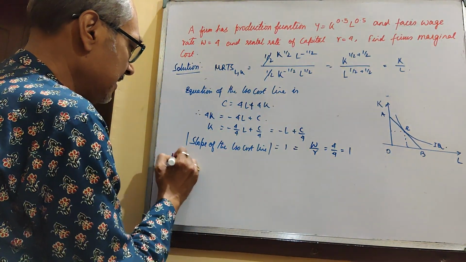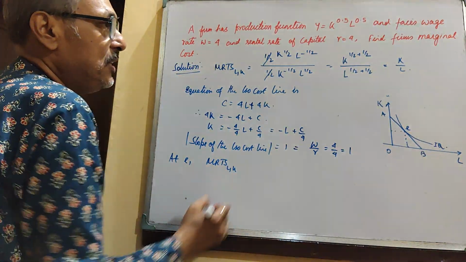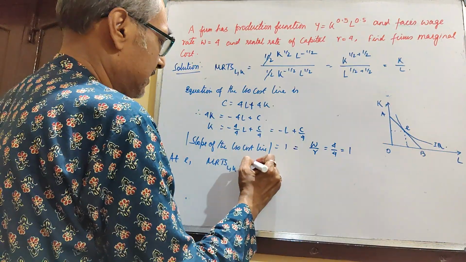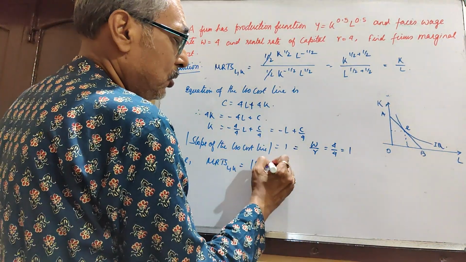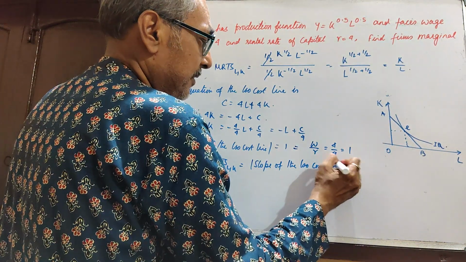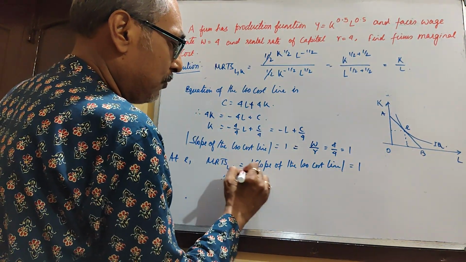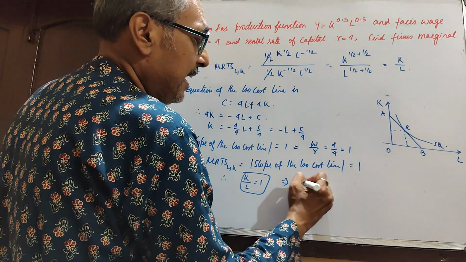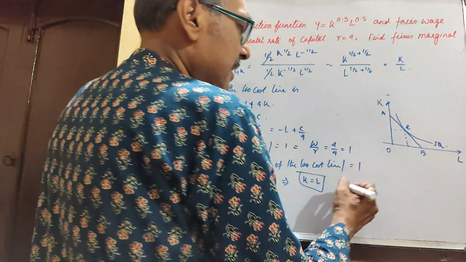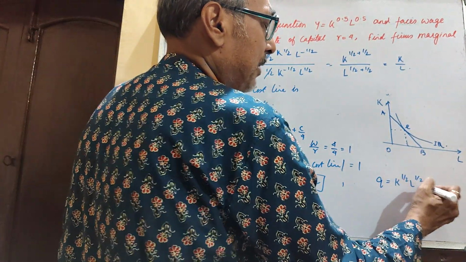Now at E, MRTS, that is absolute slope of the isoquant, equals slope of the iso cost line, which equals 1. Therefore, K by L equals 1, or K equals L. Now Q equals K to the power half L to the power half.